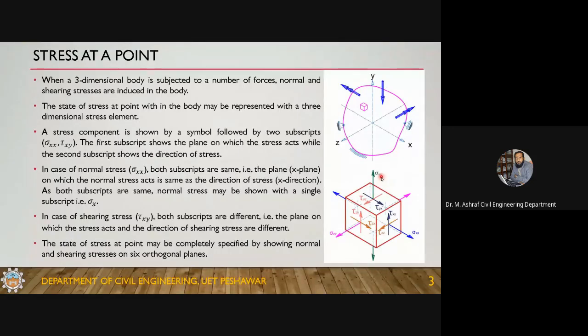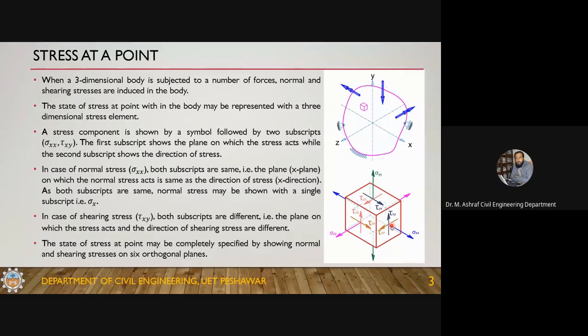Here you can see sigma yy because it is acting on the y plane in the y direction, tau yx acting on the y plane in the x direction, tau yz acting on the y plane in the z direction, and similarly for the z case also. Now there is one thing you must note: for all normal stresses, both subscripts are the same, because the plane and the direction of stress coincide with each other.